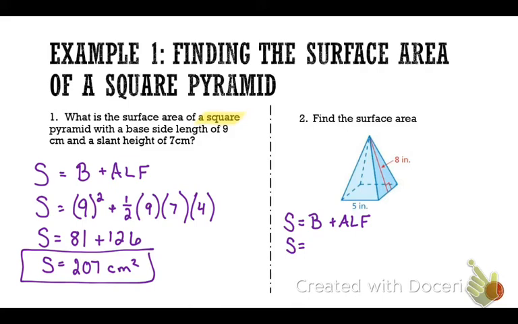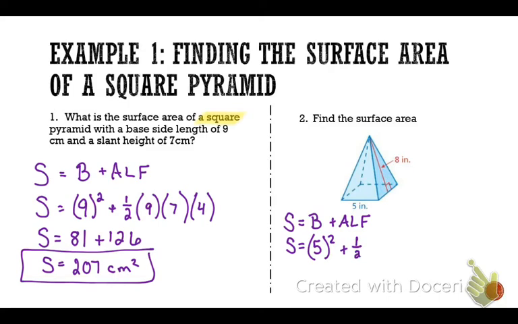Nate, what would you multiply to find the area of your base? 5 times 5 squared. Very good. Is that what you guys wrote? 5 squared? Okay. Plus the area of my lateral faces. Well, what shape is my lateral face? Triangle.